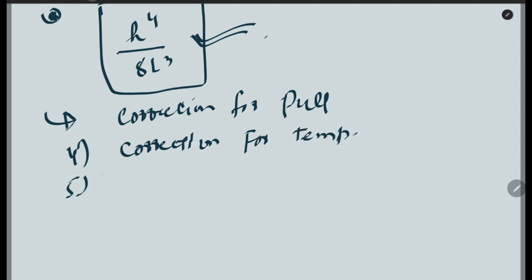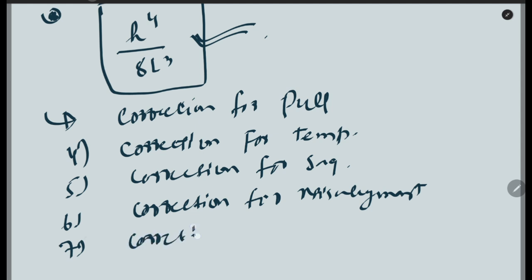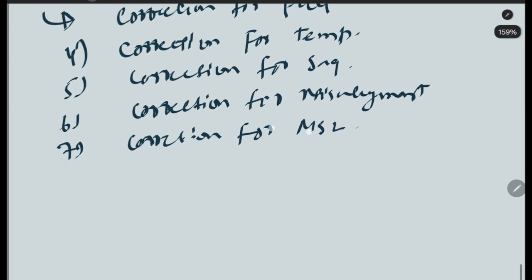The fifth one is correction for sag, which is always negative, and it is a cumulative error. The sixth one is correction for misalignment, which is also a cumulative error. The seventh one is correction for mean sea level.